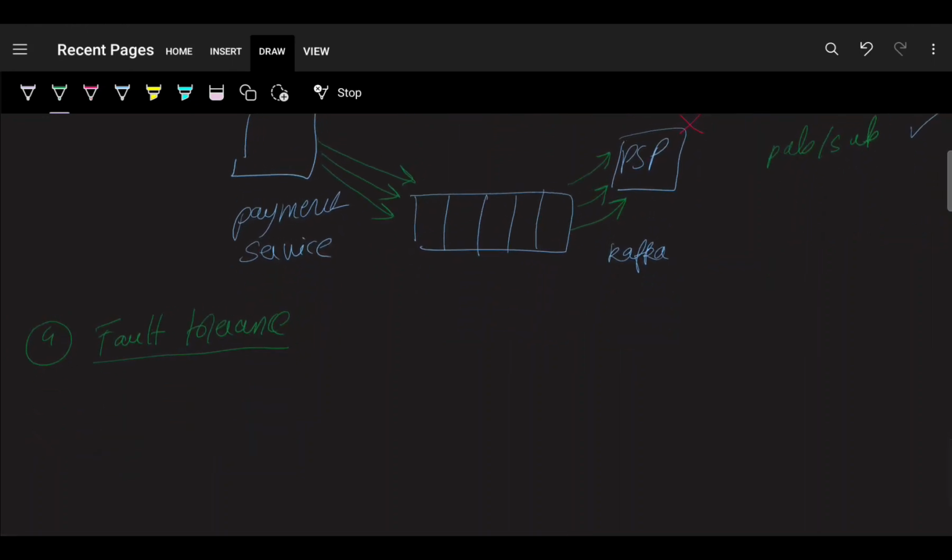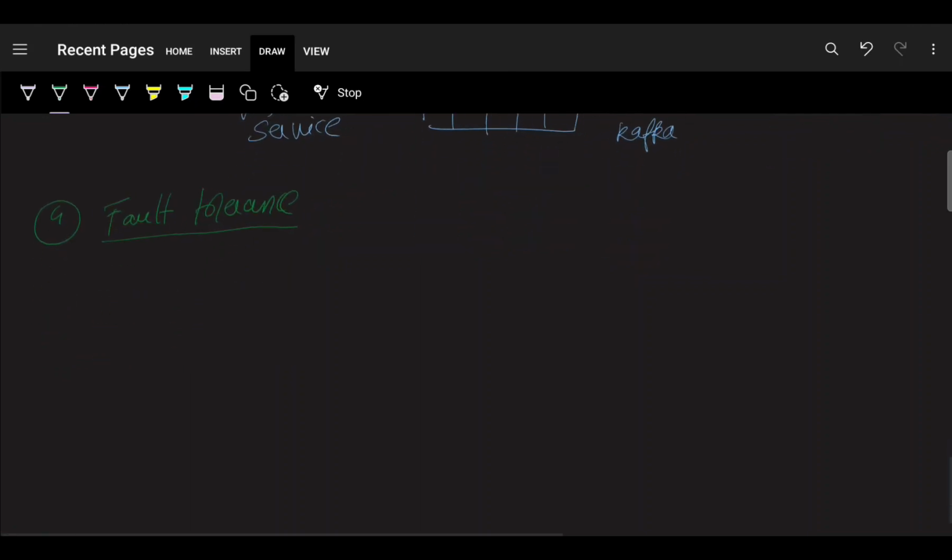So it also deals with certain scenarios which can occur within the fault tolerance section. So yeah, that's true.